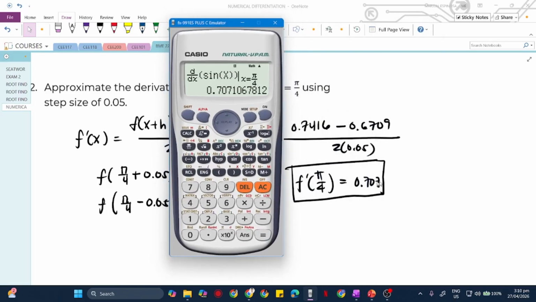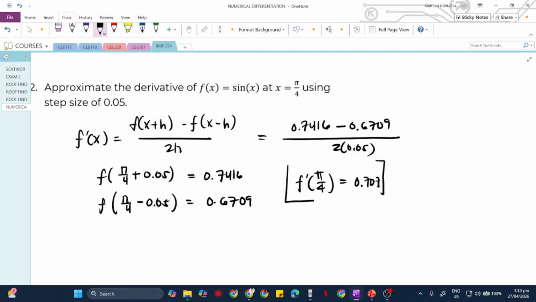So, okay, malapit lang talaga. Okay, the smaller the step size is, mas accurate yung magiging sagot natin. Okay?